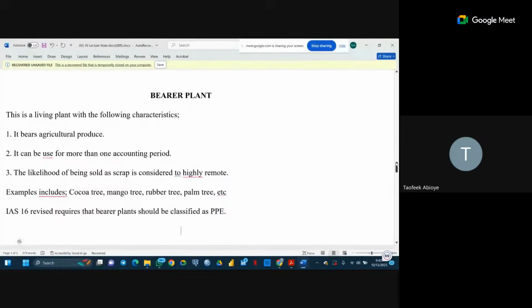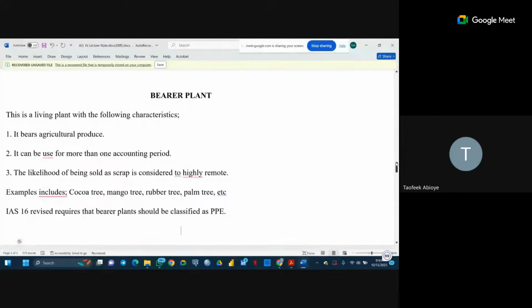So the revised IAS 16 requires that bearer plants should be classified as property, plant, and equipment for companies that are into agricultural products. For companies that operate in the agricultural sector, they can categorize all the three listed above as property, plant, and equipment. However, the product derived from the tree, let's take for instance a mango tree.